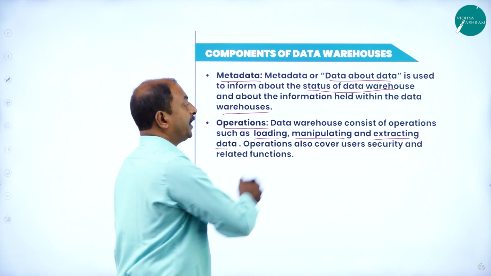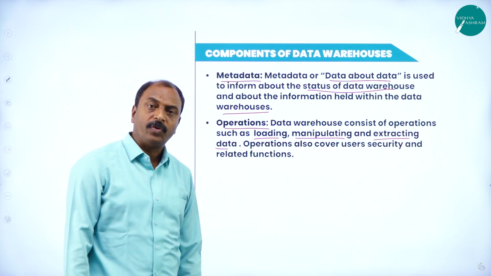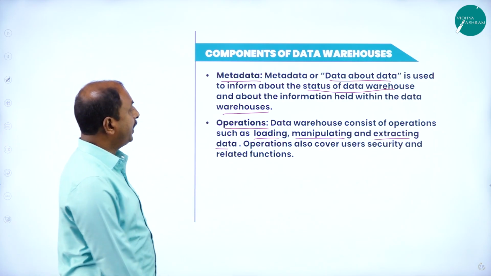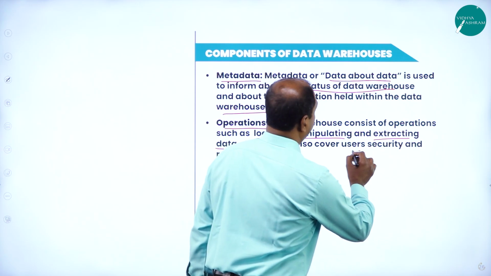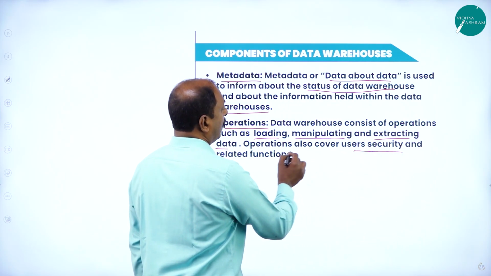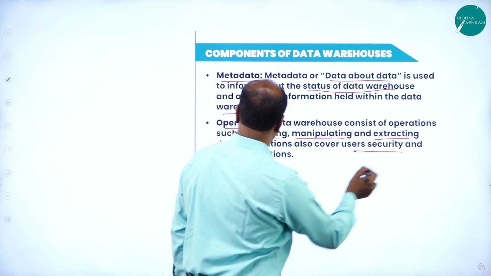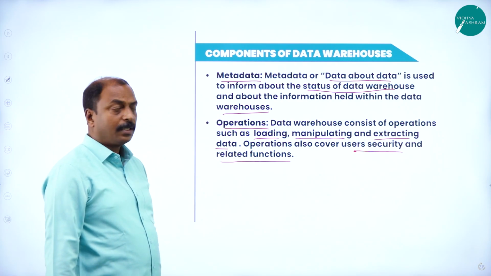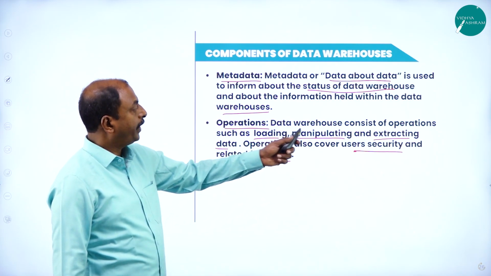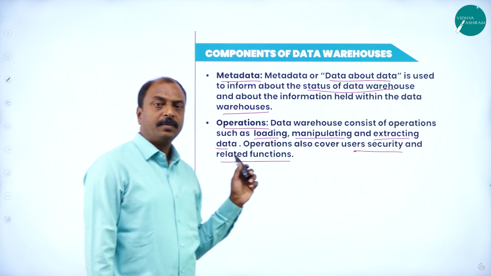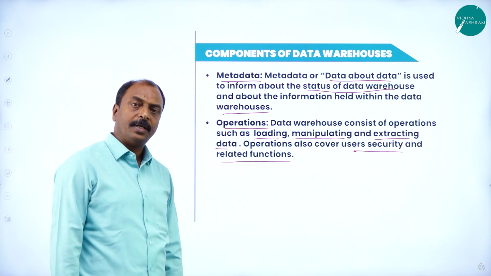All these different types of operations can be performed on a database or data warehouse. Operations also cover user security and related functions. So any data adding, updating, manipulation, or extracting within a warehouse are nothing but operations on the data warehouse.